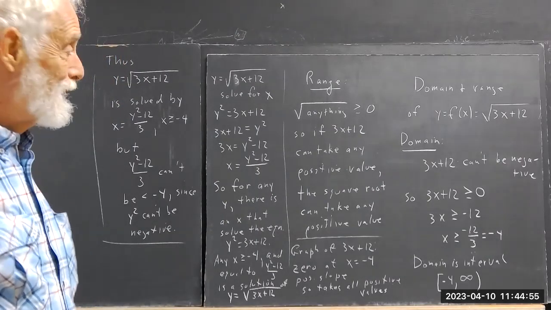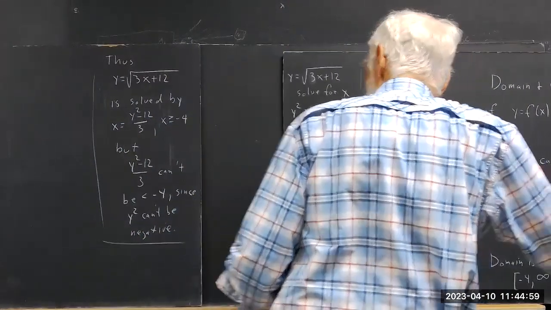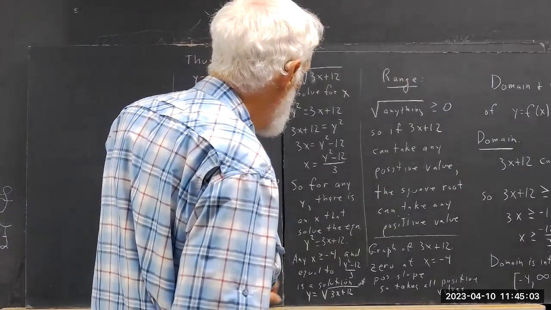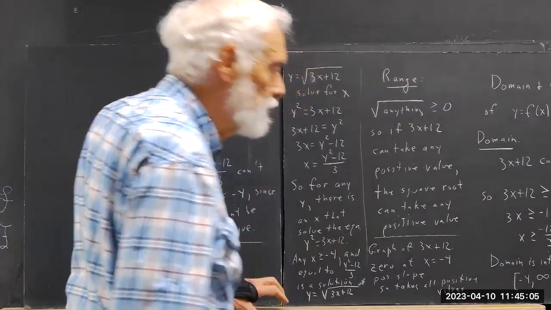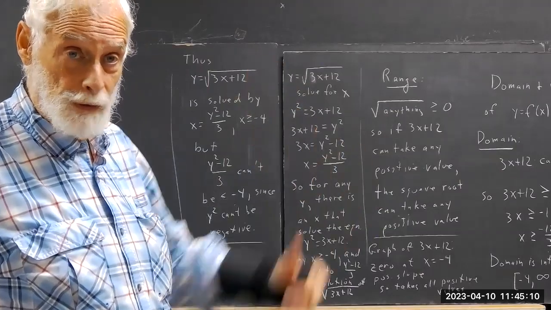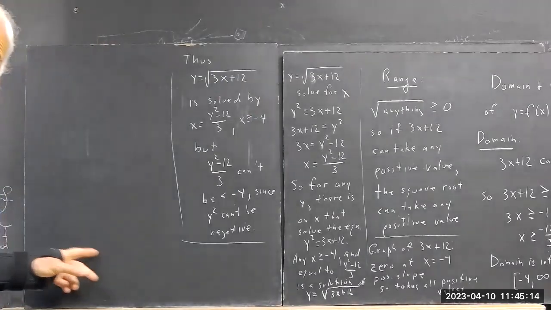Okay. And it goes back to what we were doing last time when we were shifting graphs, transforming graphs by horizontal shifts and vertical shifts and all that stuff. Okay, so we can do this.